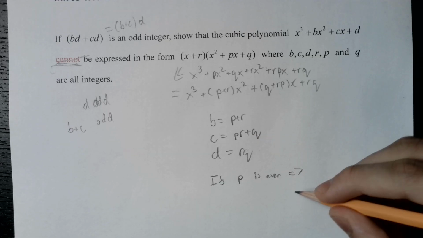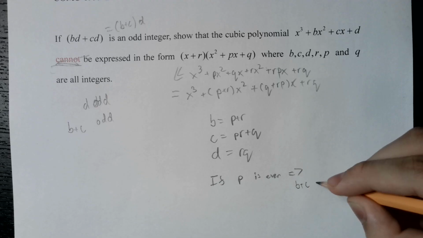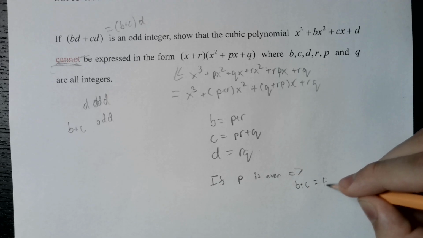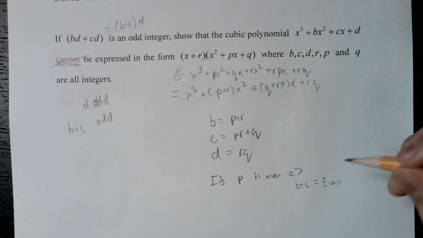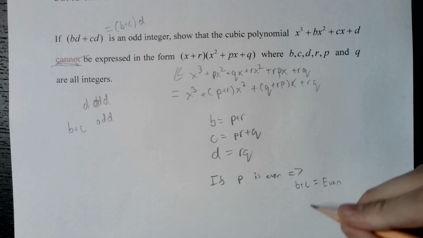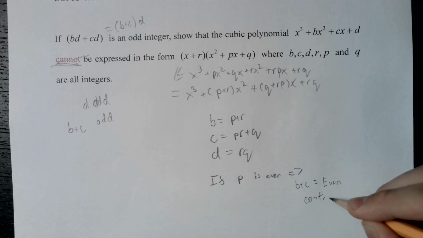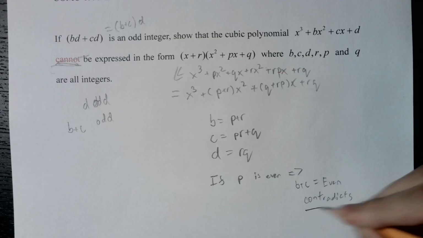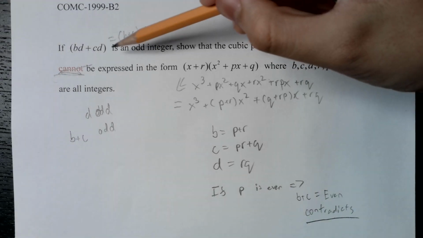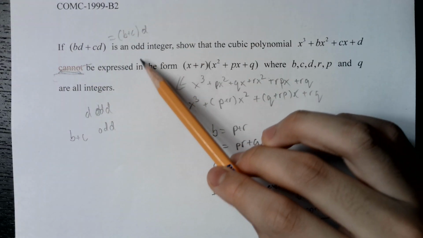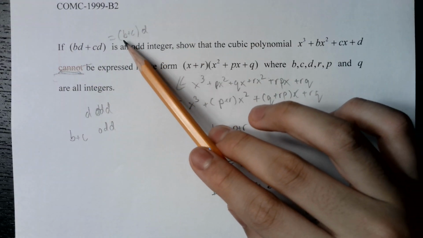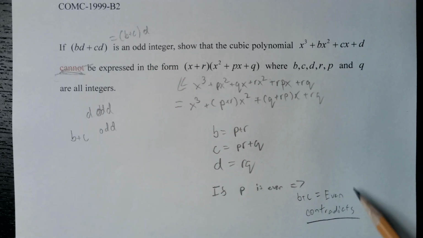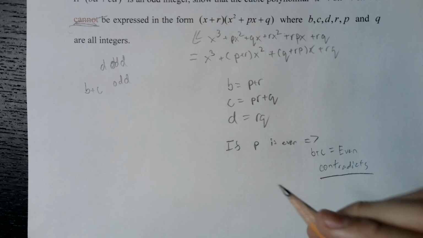So this means that b plus c is going to be equal to an even number, because in this scenario, b and c are both odd, and two odd numbers added together are going to be even. And this obviously contradicts the first statement, because bd plus cd is an odd integer, and so b plus c also has to be an odd integer, and as I just said, b plus c is even in this case. So now let's go to our second case.